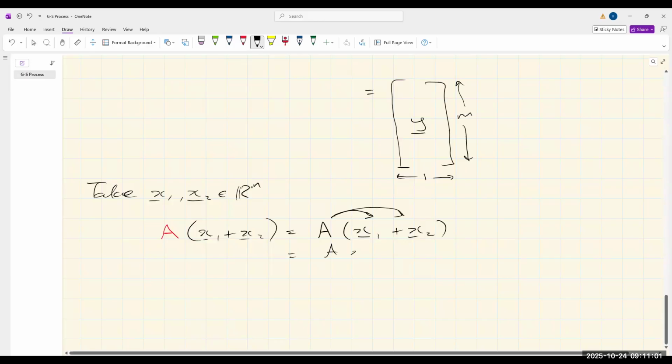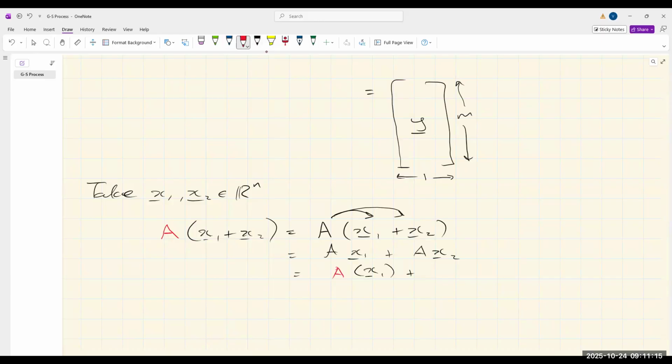So that's just A times x1 plus A times x2. And this is just the map A applied to the vector x1 plus the map A applied to the vector x2. Okay, so that is the first property for linear transformation.